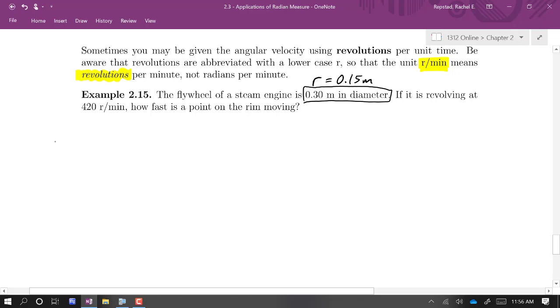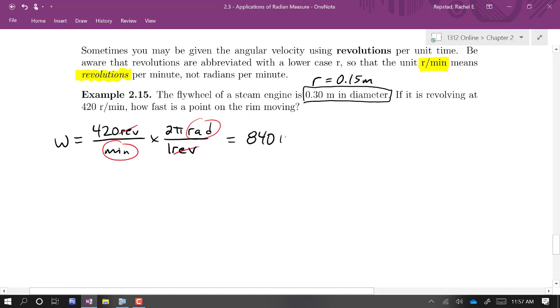And I'm going to just find the angular velocity real quick in radians. So 420 revolutions per minute times 1 revolution is equal to 2 pi radians. So these revolutions cancel. We've got radians per minute. 420 times 2 pi will be 840 pi radians per minute.